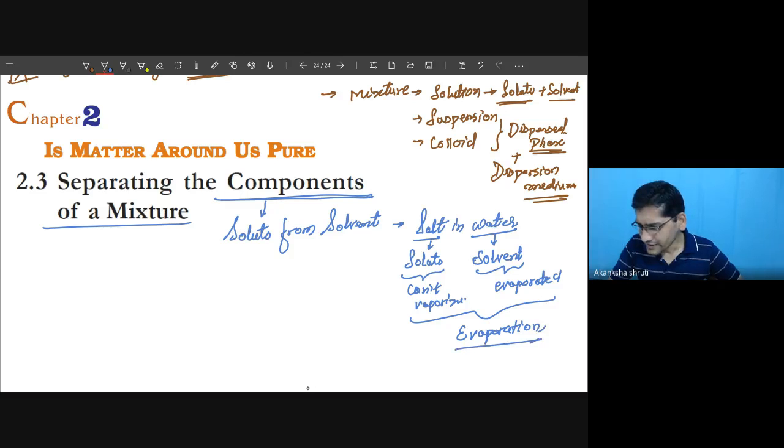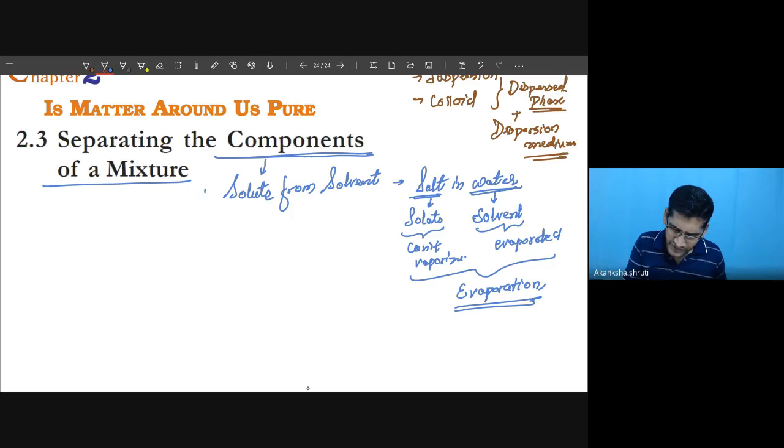So evaporation can be used for separating salt from the water. Similarly, there could be many kinds of solute and solvent. So what are the various techniques that we are going to learn? Okay, students.